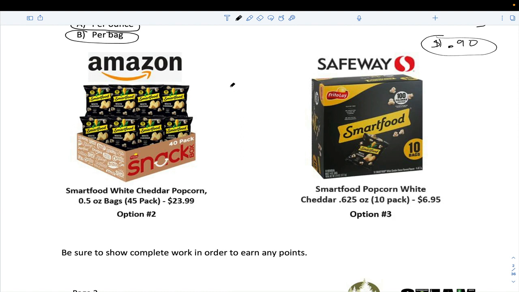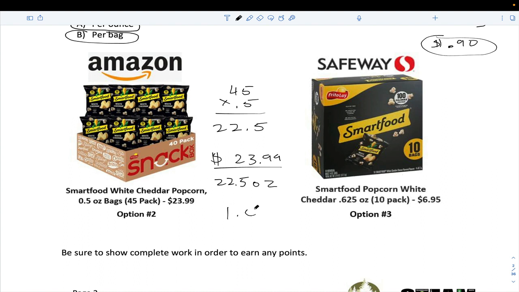Same thing for option 2. Take 45 bags times 0.5 ounces, and that'd be 22.5. And then we want to set up per ounce. So 23.99 divided by 22.5 ounces. And I bet this is going to be more expensive because I think it's going to be 1 something, and it is 1.07 if you round up.